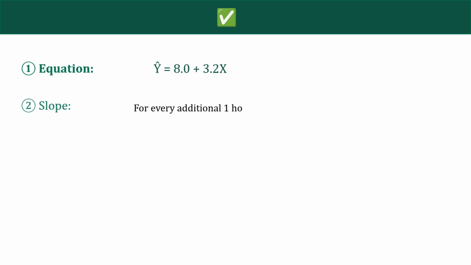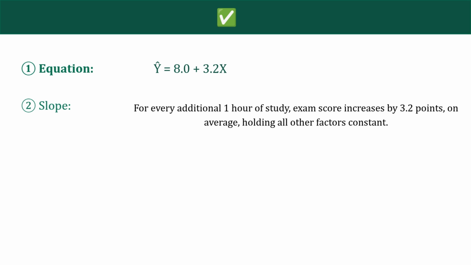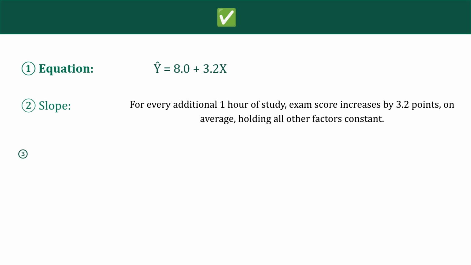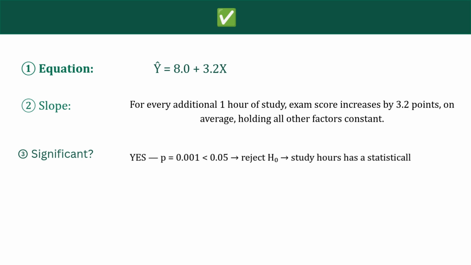Let's check your work. 1. Y hat equals 8.0 plus 3.2 times x. 2. For every additional 1 hour of study, exam score increases by 3.2 points on average, holding all other factors constant. 3. Yes, p equals 0.001, less than 0.05.